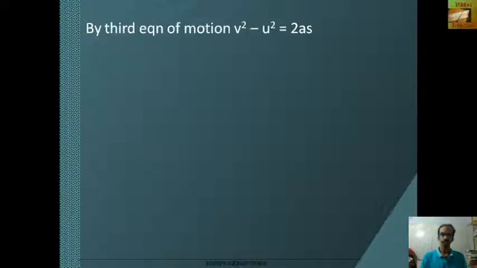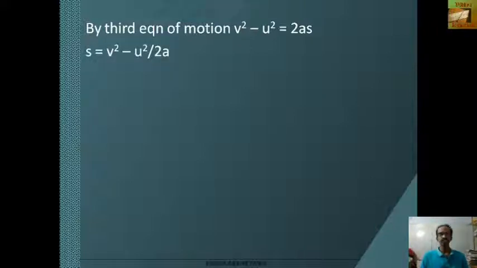Now we can see the derivation for a basic formula of kinetic energy. By the third equation of motion, we have v square minus u square is equal to 2as, where v is the final velocity, u is the initial velocity, a is the acceleration, s is the total displacement.